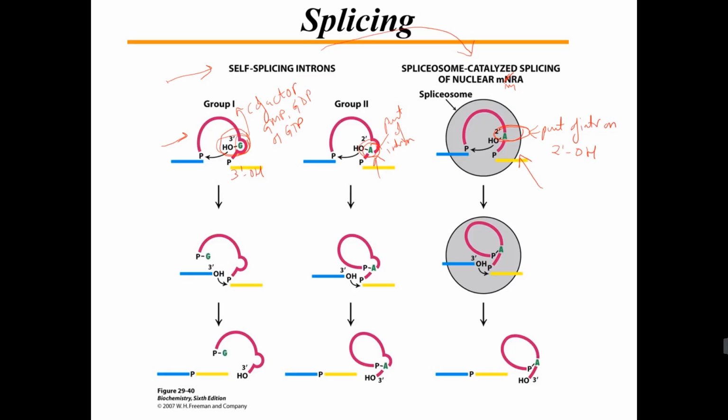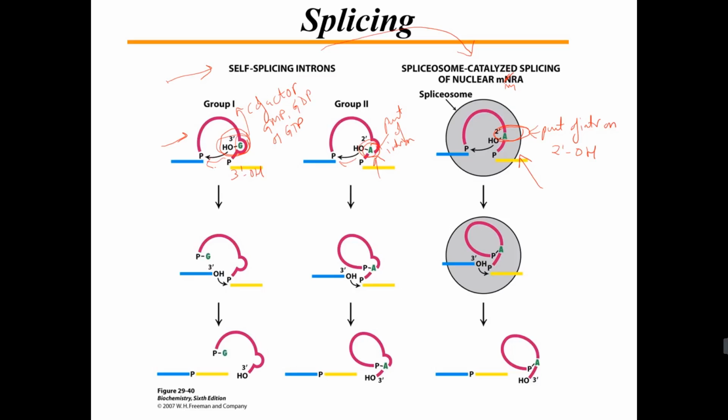Okay, so the group 1 and group 2 self-splicing introns resemble the spliceosome catalysis in two respects. In the initial steps, a ribose OH attacks the 5' splice site, as depicted by this arrow here and this arrow as well.